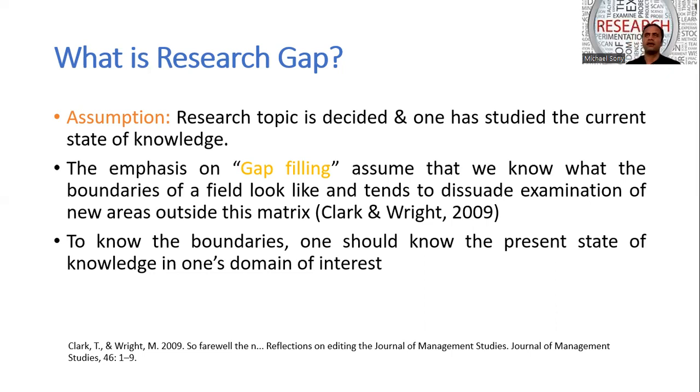If you have done a good literature review, either traditional or systematic, and you have found that this topic under consideration is not studied, then this forms an important gap which you need to fill, what we call gap filling.